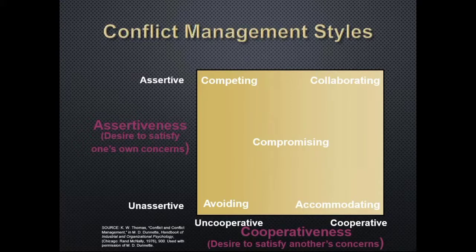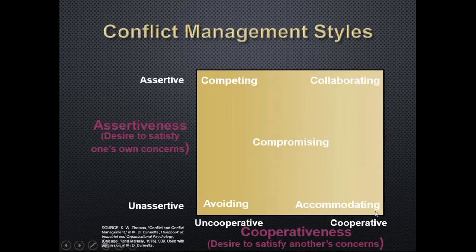So we have at the top the assertive and we have the unassertive. Right? When we're talking about assertiveness, we are looking at the desire to satisfy one's own goal. Alright? Then when we're looking at cooperativeness, that is the aspect that deals with a desire to satisfy another person's concern. Alright?